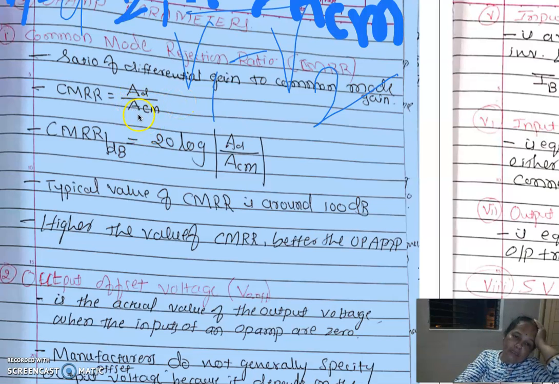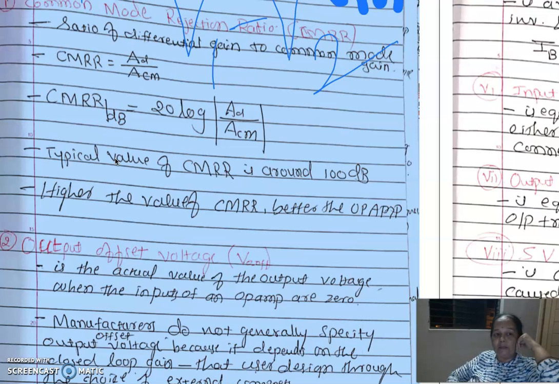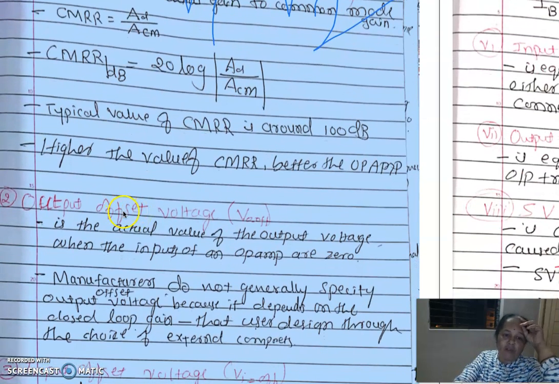The common mode gain should be 0, meaning CMRR should be high. So the op-amp should reject the signal if the two inputs are the same. This is the first parameter. CMRR is nothing but AD by ACM. Understood?